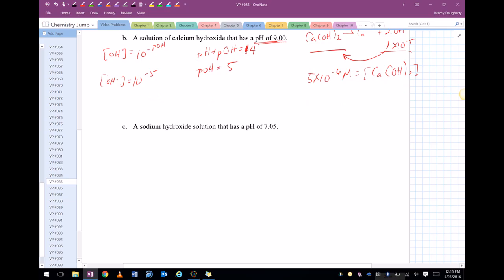Okay. This last one, sodium hydroxide, gives off one hydroxide. So this is back to the simple way of doing it. Okay. So pause it if you want to try it yourself.